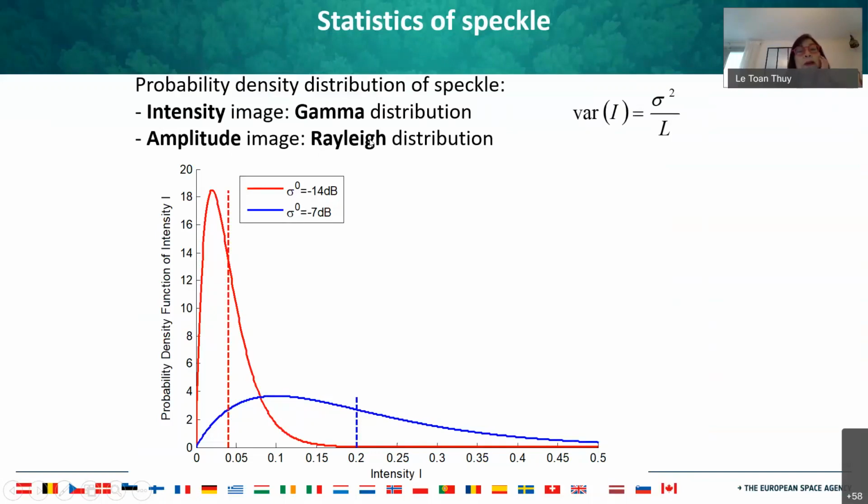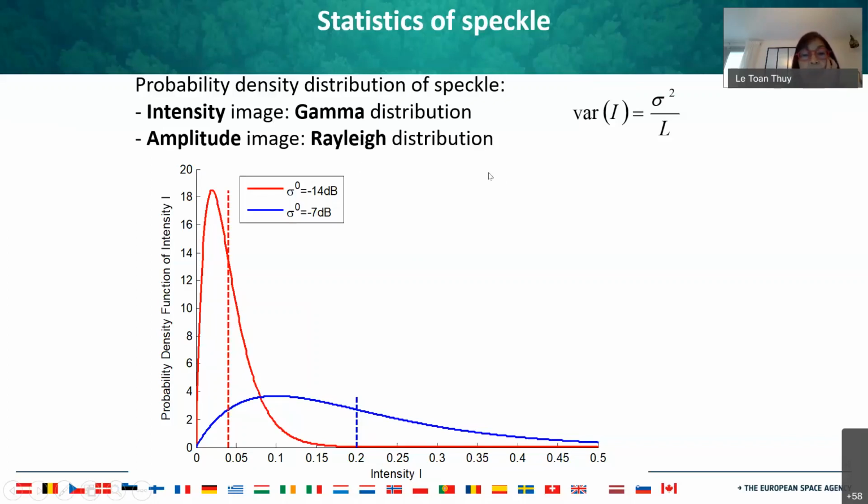And so the speckle adds to the physical content of the SAR backscatter by adding a multiplicative noise. For the intensity image, it's a gamma distribution, and amplitude image is the Rayleigh distribution.